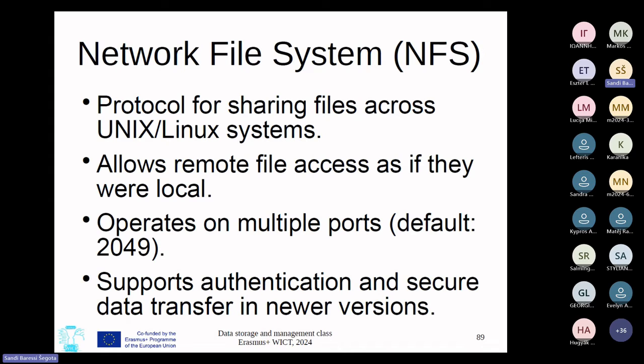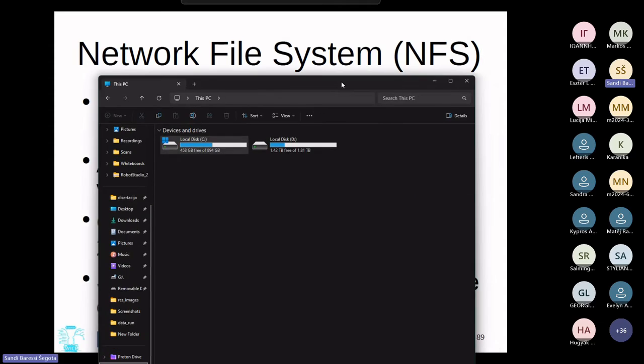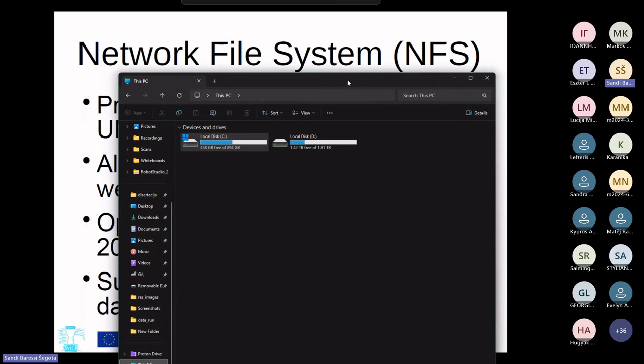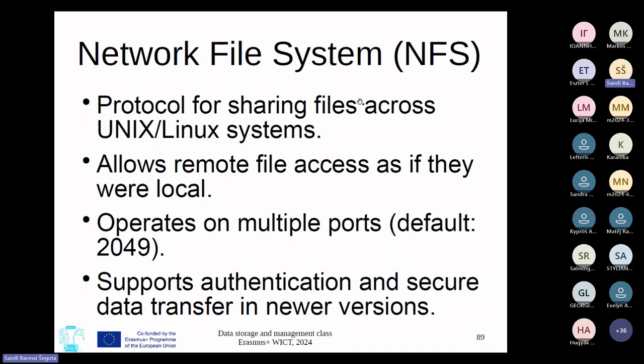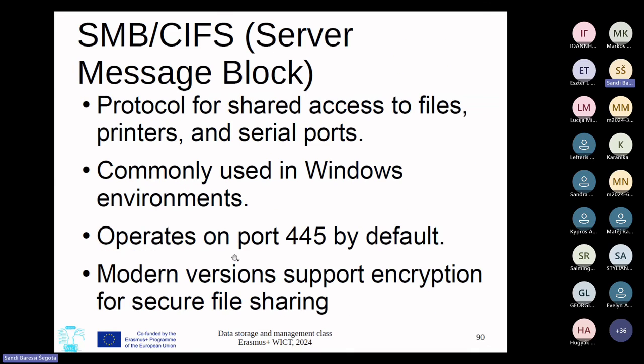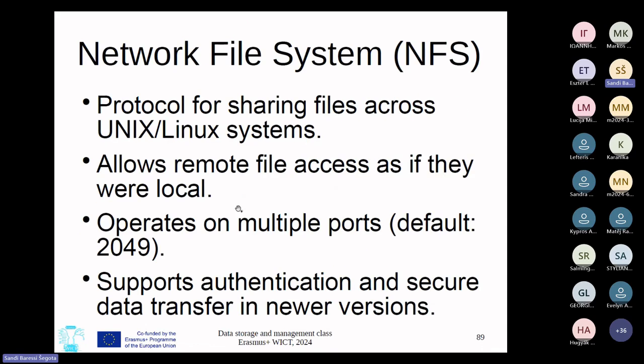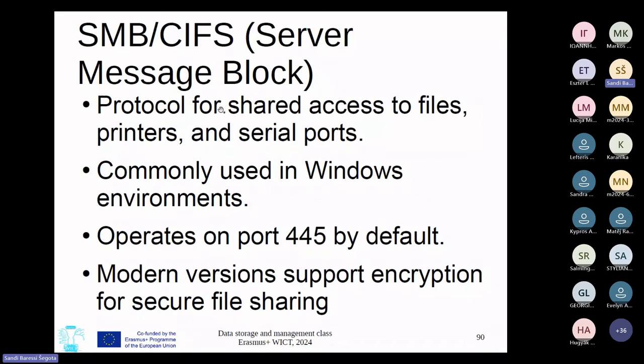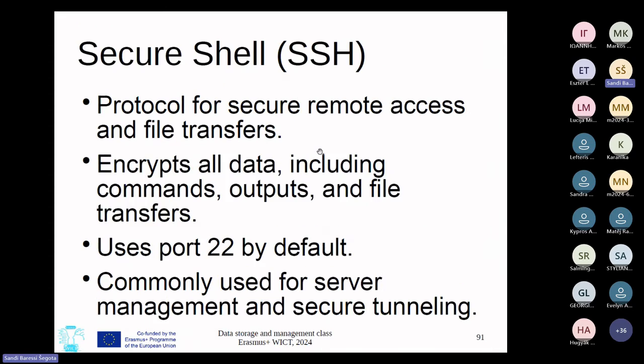I need to essentially use a separate piece of software to achieve that. With an NFS, I would essentially have a third hard drive here that I could just access like I would normal data on my local machine, and that usually operates on port 2049. Same goes when I was talking about NFS. I mentioned Samba, Server Message Block, that is more commonly used in Windows, right?